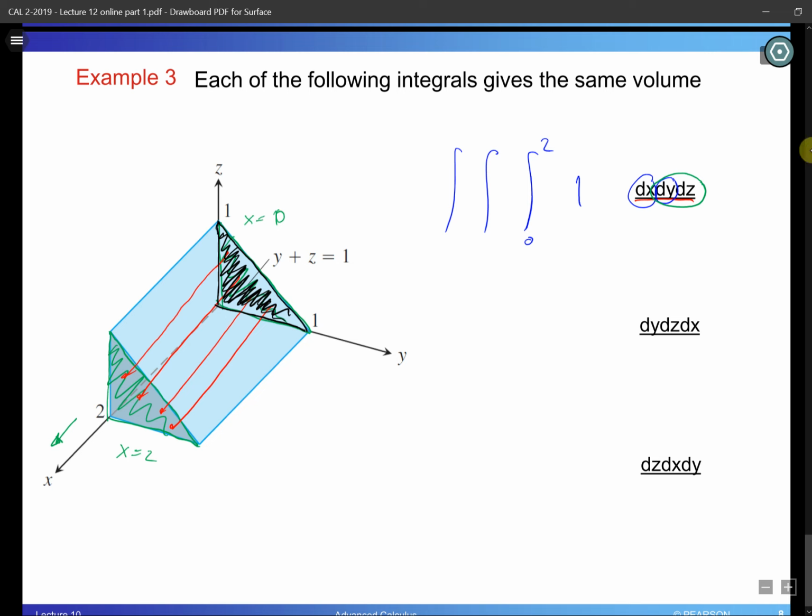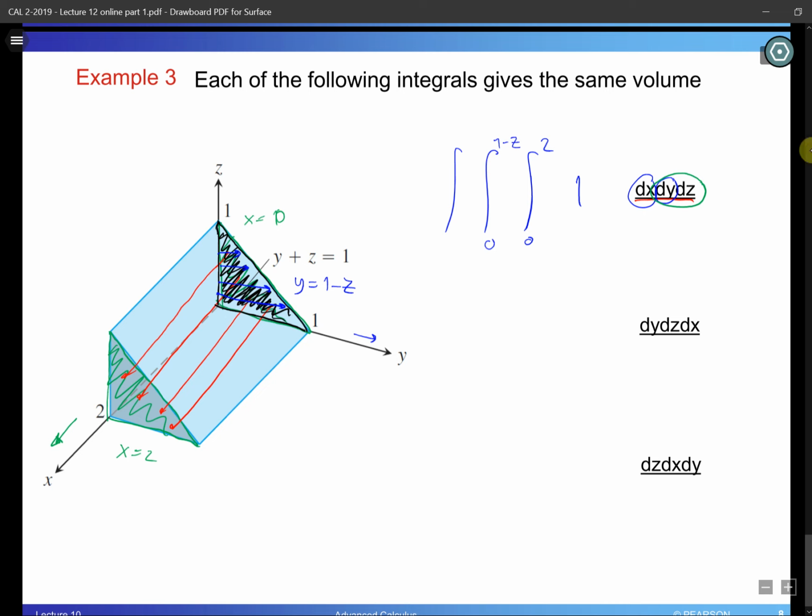So the y direction goes like this. y is going to sweep from the z-axis to this line. And this line right here is y plus z equal to 1, so you can say that y equals 1 minus z. So y starts sweeping from y equal to 0 to the slanted line, y equal to 1 minus z.